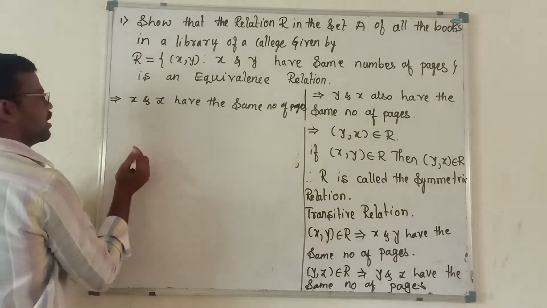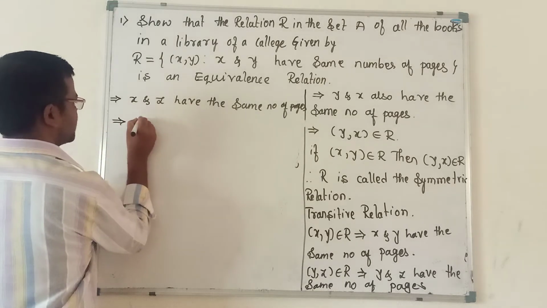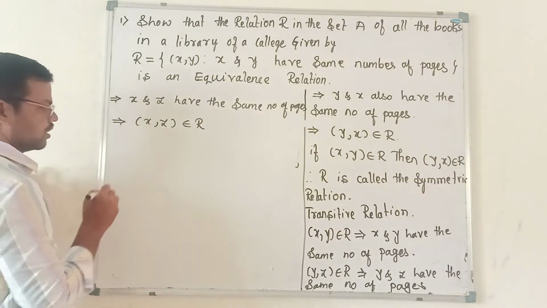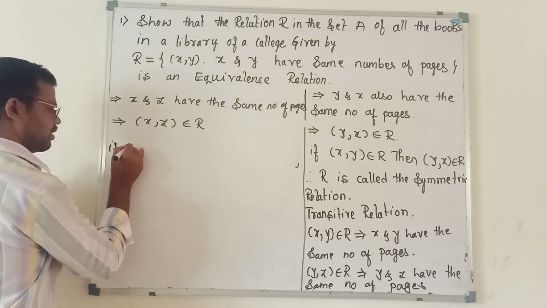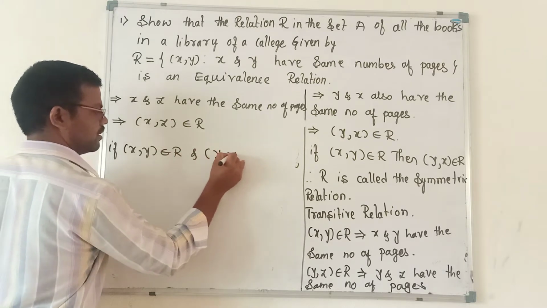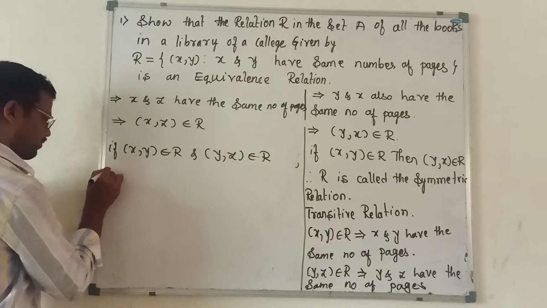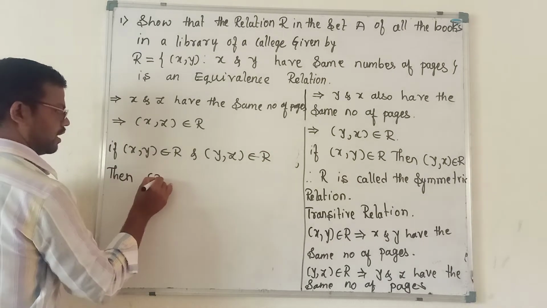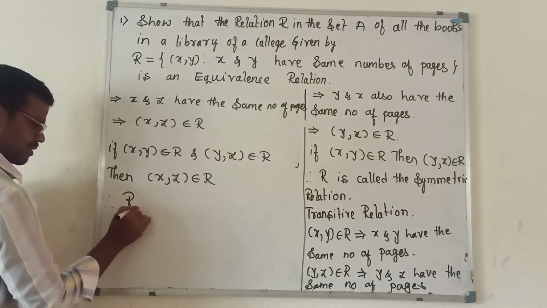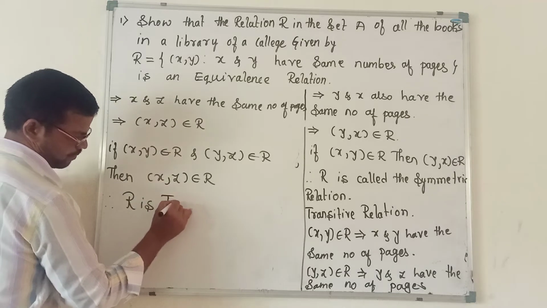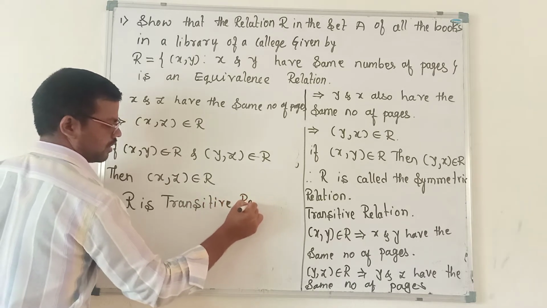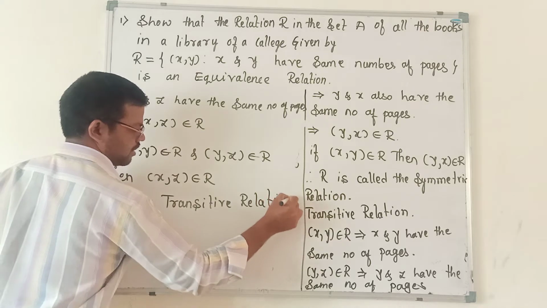It means that (x, z) belongs to R. So if we have (x, y) belongs to R and (y, z) belongs to R, then finally we get (x, z) belongs to R. Therefore, R is a transitive relation.